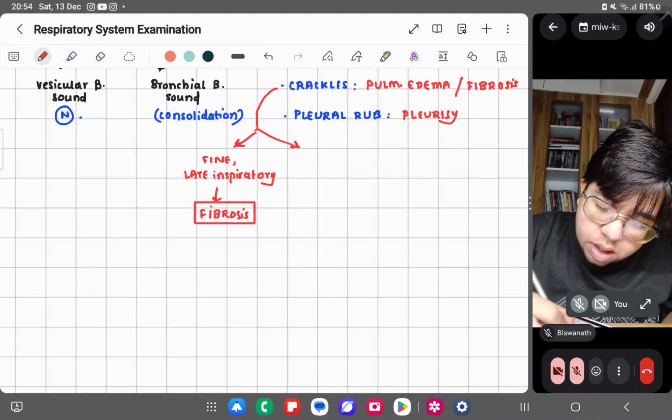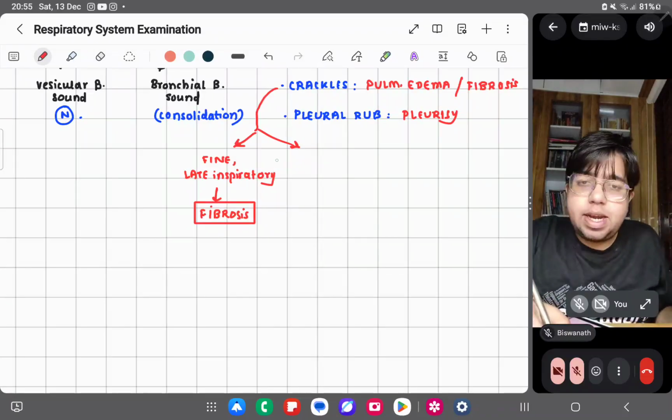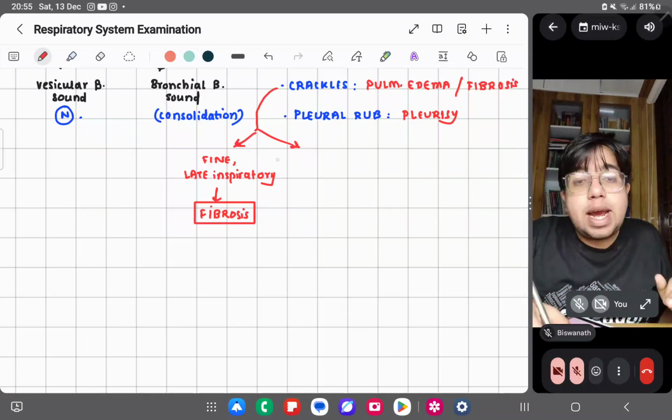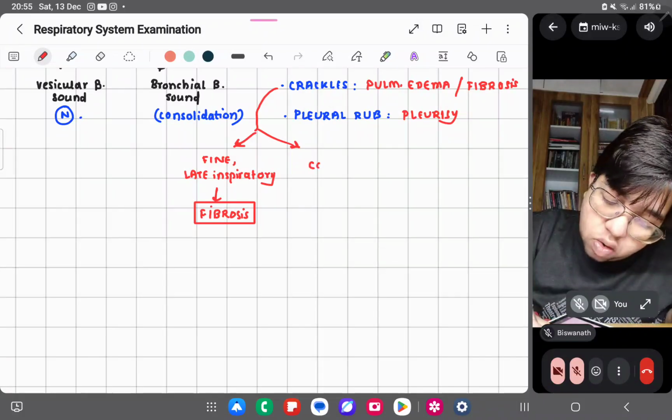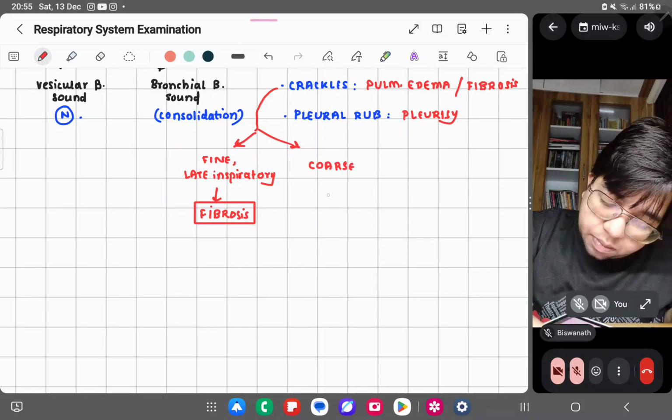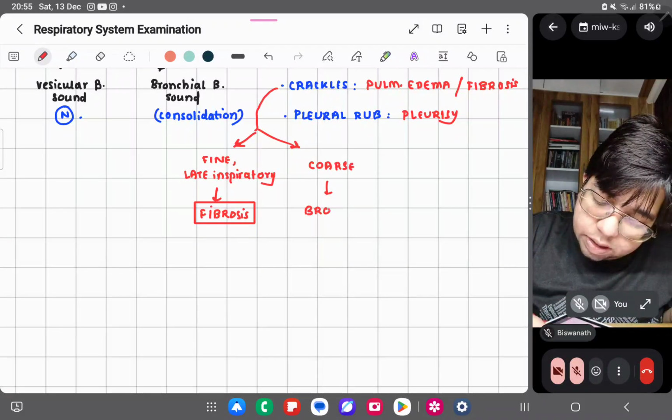You may ask the patient to have a chest X-ray also. If there are coarse crackles, then it can indicate a sort of bronchiectasis. Smokers like coarse crackles, bronchiectasis.